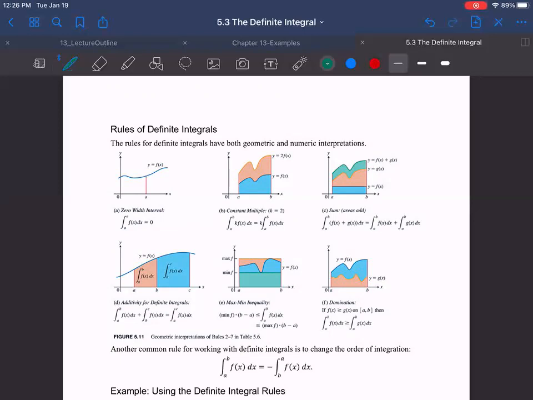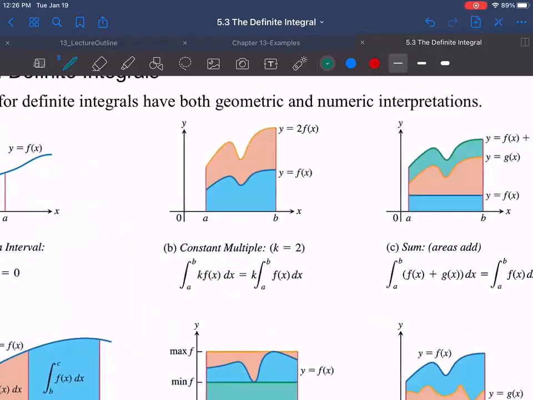Next is the constant multiple. Anytime you multiply an entire function by a constant, it just scales it all up, and so it's also going to scale up your area. So if you have a constant multiple, you can just take it outside of the integral like that. The integral of k times f of x dx is k times the integral of f of x dx.